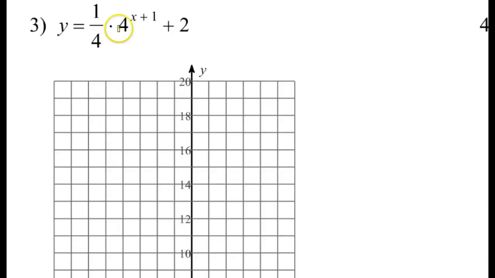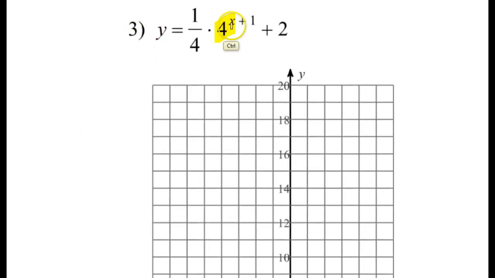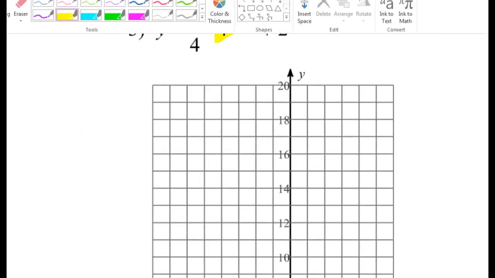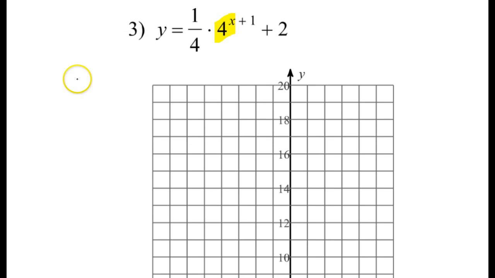Let's do 2 more examples. Again, start by simply making a table of values for the parent function y equals 4 to the x power. So that's going to look like this.